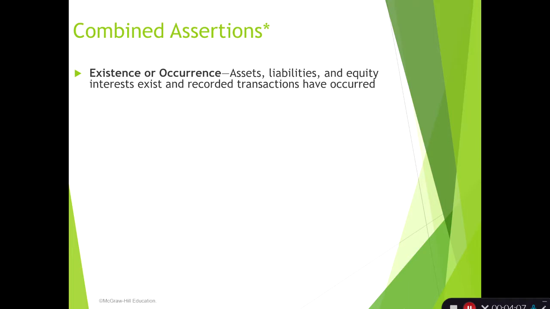Those things exist. Occurrence is that the related transactions have actually occurred. So we're going to treat them as one, even though technically they're slightly different, but it's essentially transactions have occurred, and because those transactions have occurred, we know that the assets, liabilities, and equity actually exist, right? So those are valid.